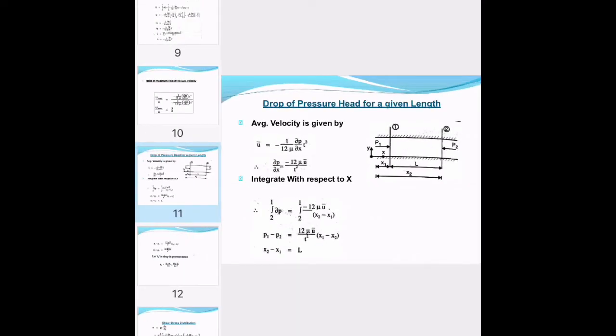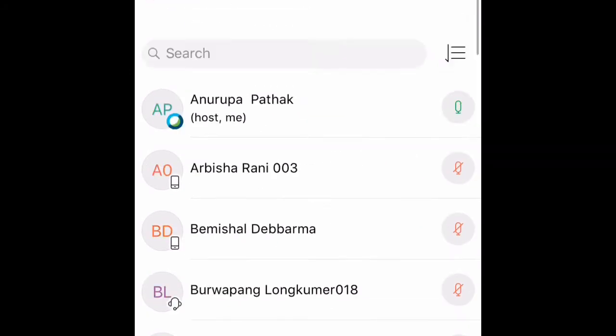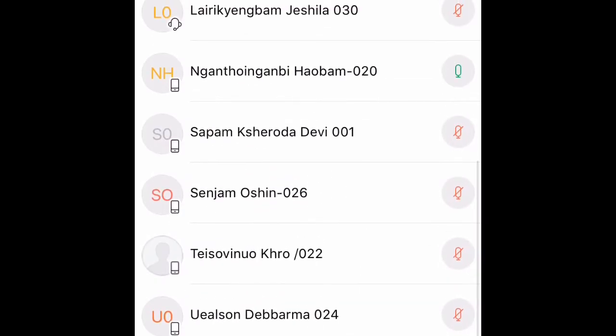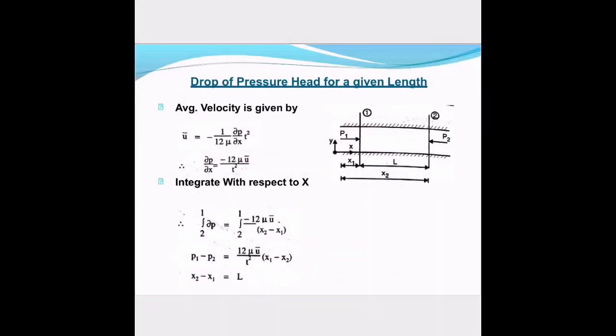Okay. So last class we have discussed velocity distribution through laminar flow between two parallel plates, and then we have derived one equation for maximum velocity and average velocity, and after that we have found the ratio of maximum velocity to average velocity, and after that we had some doubts.